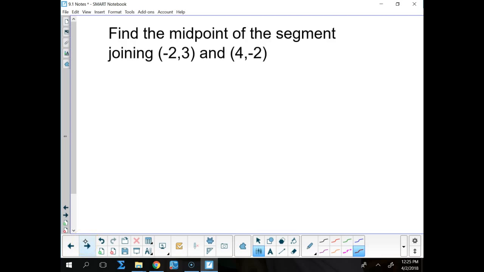Find the midpoint of the segment joining -2, 3 and 4, -2. Well, I take the x values, -2 and 4, I add them, and I divide by 2. I take the y values, 3 and -2.